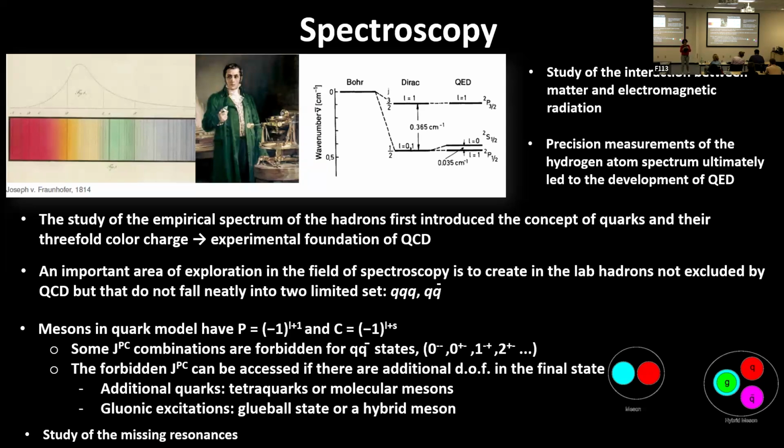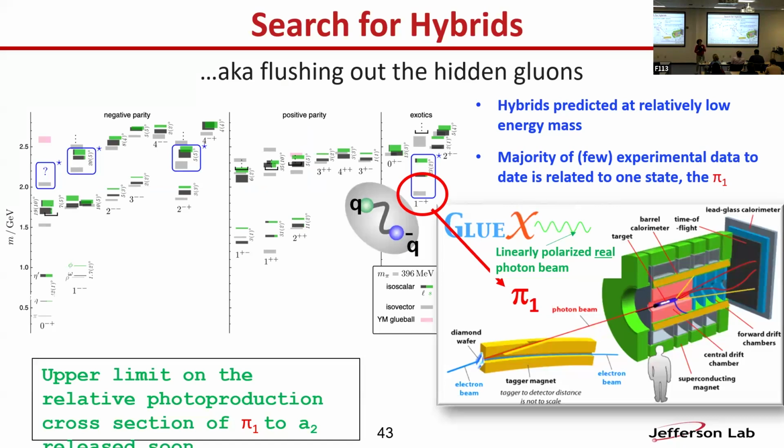We look for hybrids, which are particles in which the gluons, with explicit quantum numbers, enter into the definition of the J^PC of the particle. This is a program mainly carried out in GlueX. This is a prediction from lattice QCD of the hybrids, and it seems that there are some hybrids at very low mass. This is what we are looking at with GlueX, the main part of the program, especially this pi1 particle.